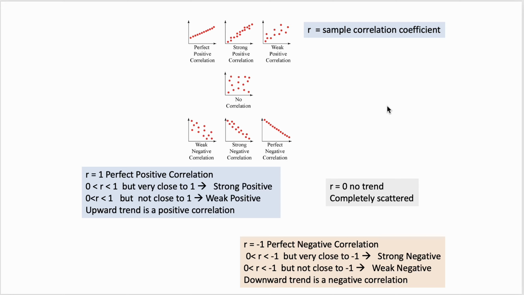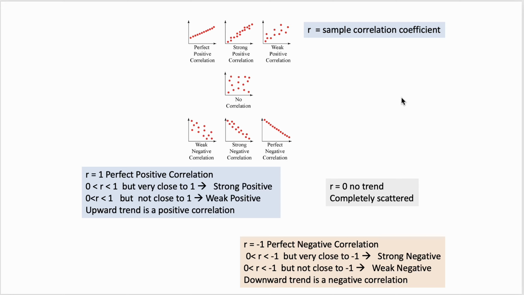So the way you measure whether the association is a strong or a weak association is using the sample correlation coefficient. StatCrunch will provide that for you. The formula is kind of complicated, so you don't have to worry about that.